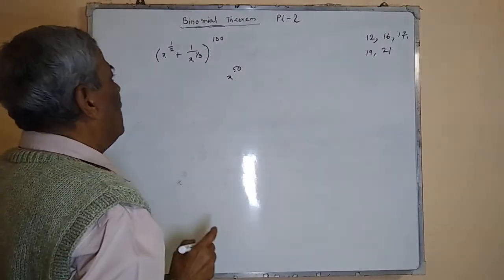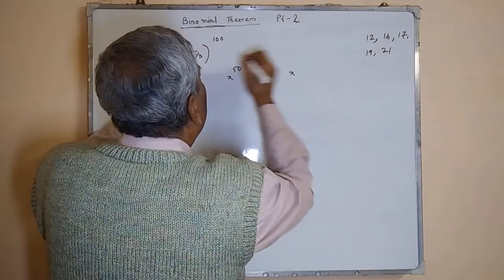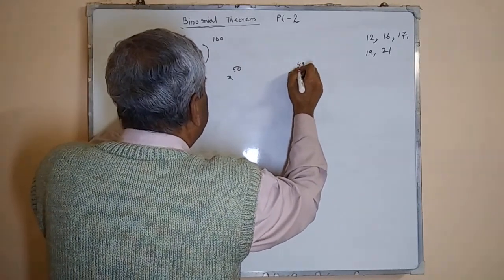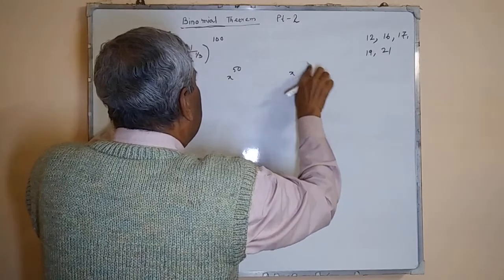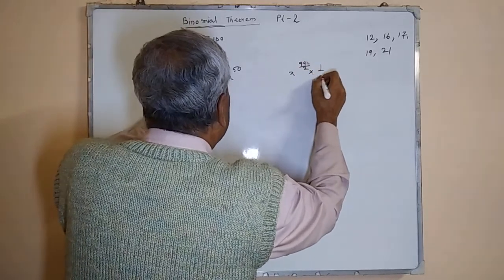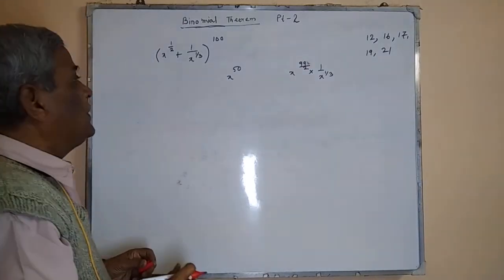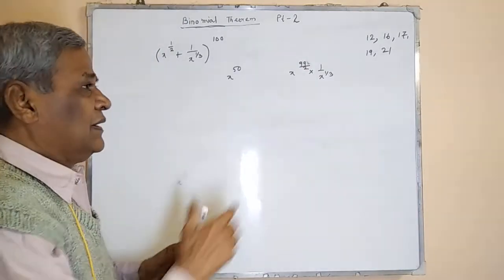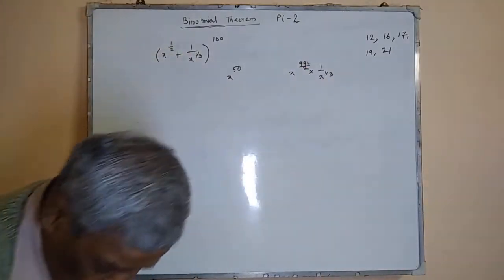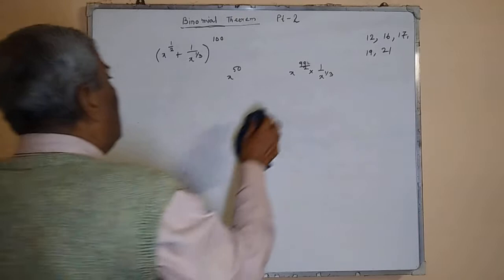But the second term will contain x^(99/2) into 1 by x^(1/3) with some other coefficients. But you see, the power of x is not an integer. So this way we have to find how many of them contain integral power of x.